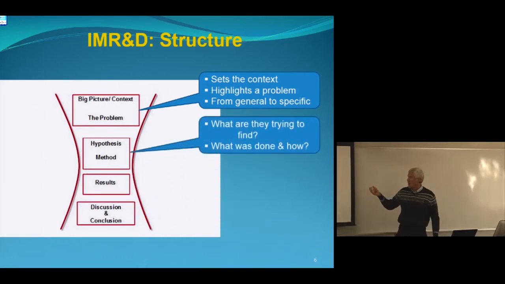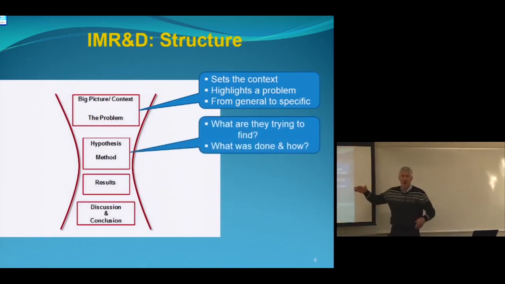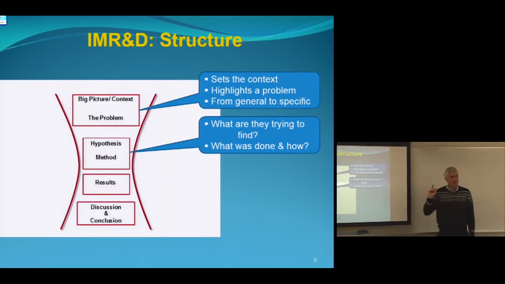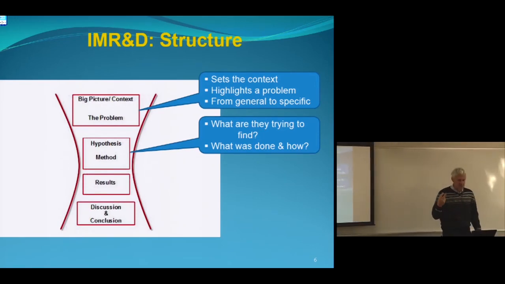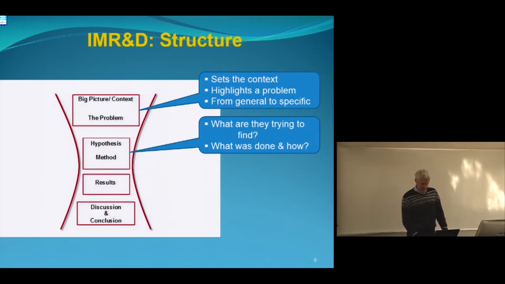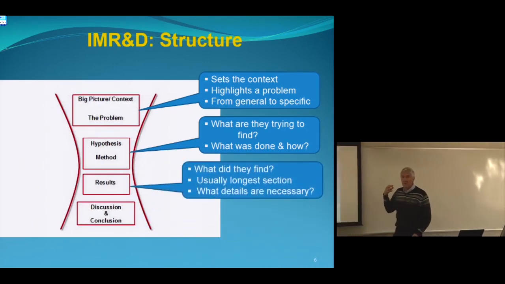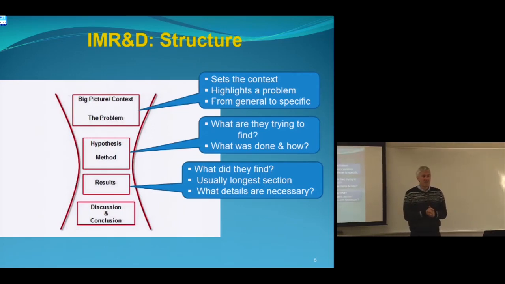Then, in the hypothesis or the method, this sets the whole tone for the paper. It tells what is the specific focus for this particular paper, what are they trying to find, and what was done and how. Then when you get to the results, you want to tell the audience what they found, but not just figures.